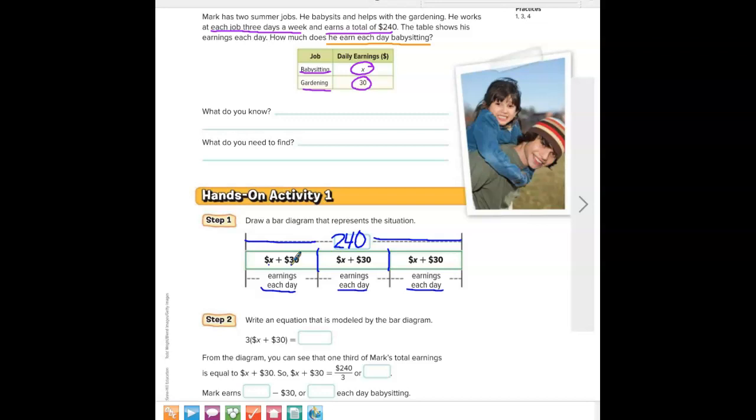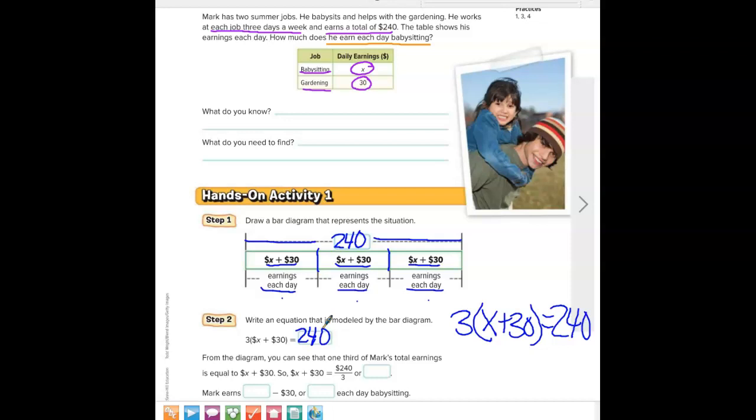So you can see inside our bar diagram, we have 1, 2, 3 groups of X plus 30, because they're the same on each side, and that equals a total of 240. So that is how we get our equation. From the diagram, you can see that 1/3 of Mark's total earnings is equal to X plus 30.